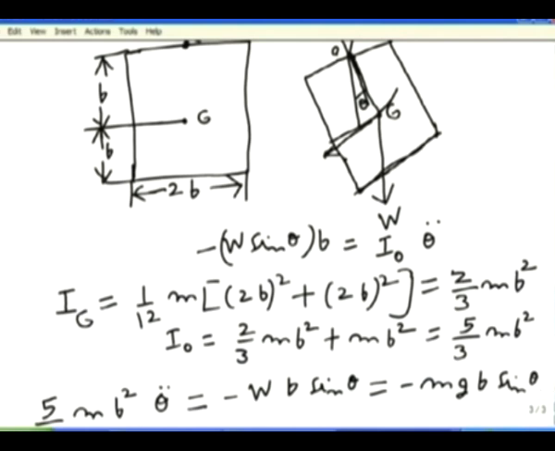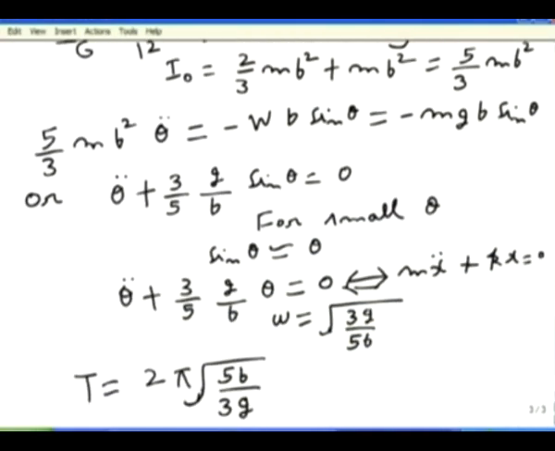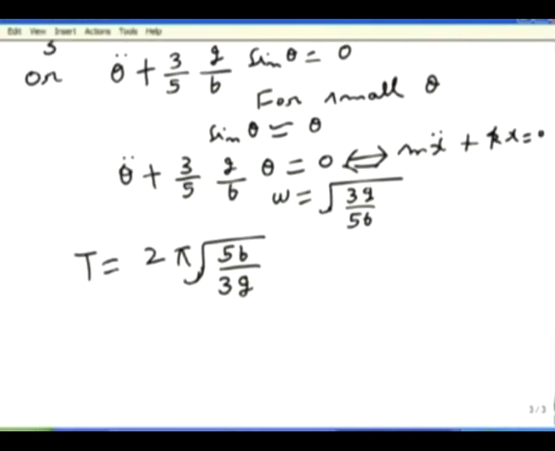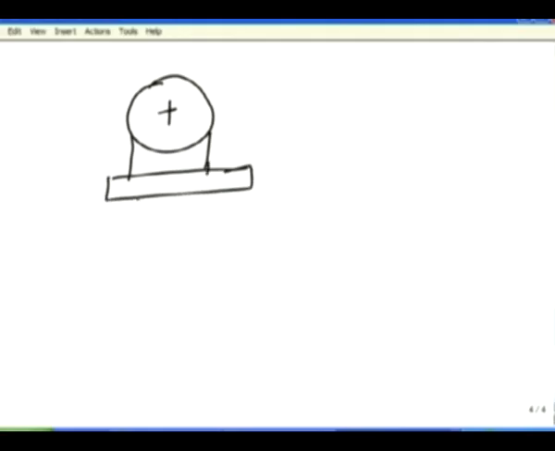Now, discussing the vibration of rotating machines, this is one example. Suppose you have a motor in which there is a rotor, and this motor is mounted on a base plate which is supported by springs.